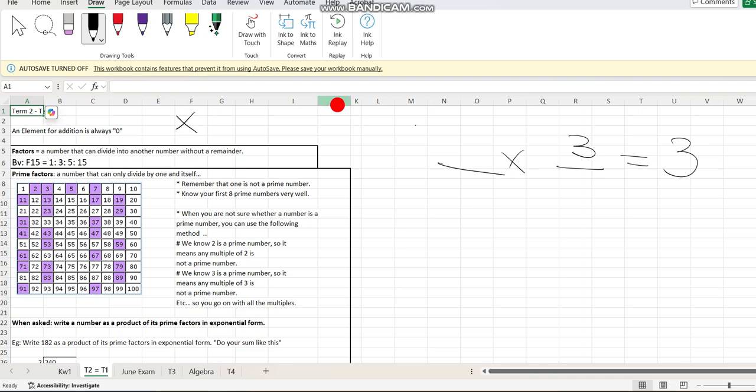So the element for multiply would always be 1. Die identiteitselement vermenigvuldiging sal altyd 1 wees. Because I could put literally any number with 1 and I'll always end up with the number.